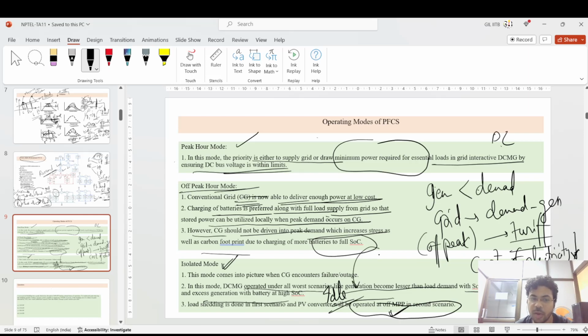Neither is it delivering nor absorbing, because no grid is available and the SOC is at a lower value, so availability of power is not there. The battery should be at a standstill situation. It should not be absorbing any power, nor delivering any extra power.